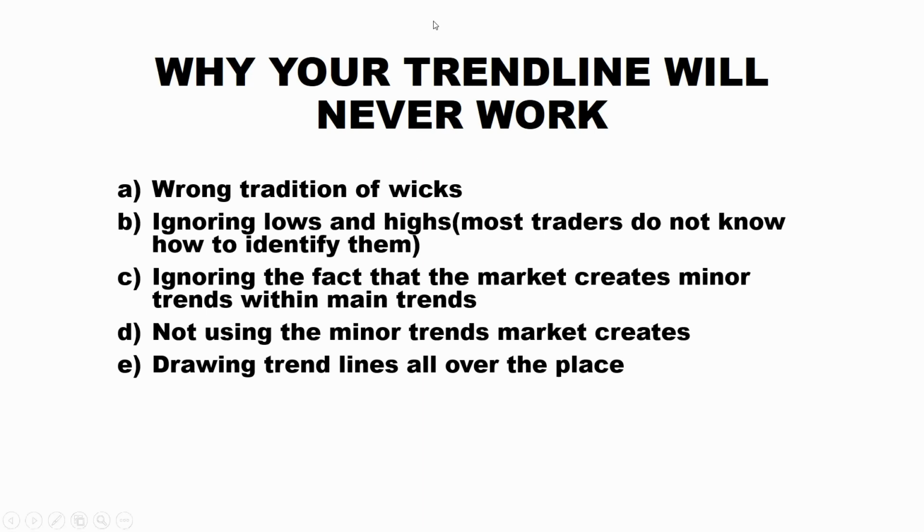For example, people say that when you have a trend line like this, let me just redraw this. Let's say this is your trend line. The market is creating turning points here, right? Now, when the market creates other highs, higher highs and higher lows within here, you can have another trend line here.